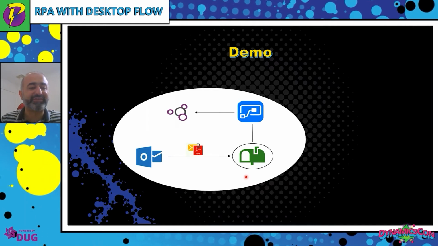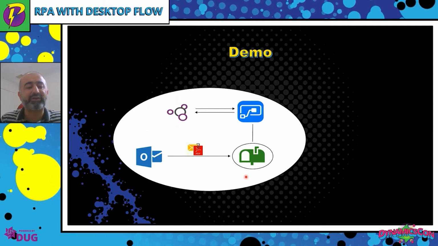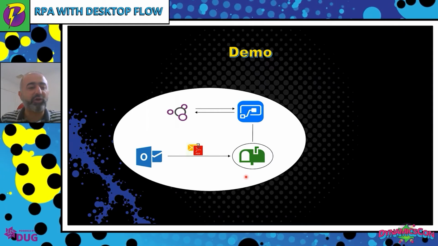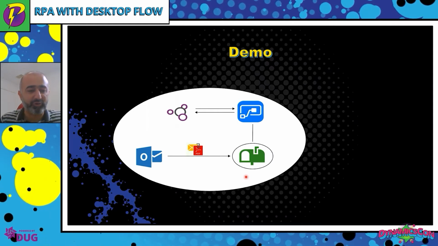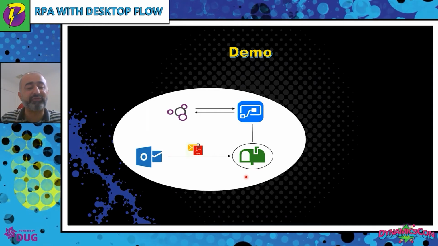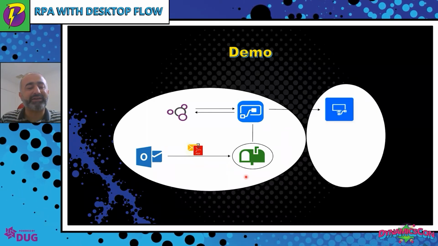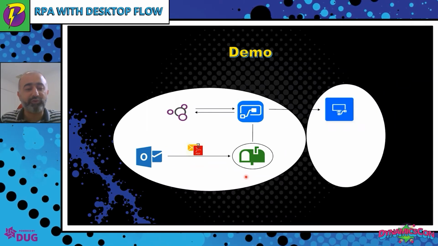AI Builder will extract data from those attachments and send the data pieces back to Flow, and all this part is happening in cloud. The next bit starts when that data will be transferred to the local console app, and for that, the data will be transferred to Desktop Flow.